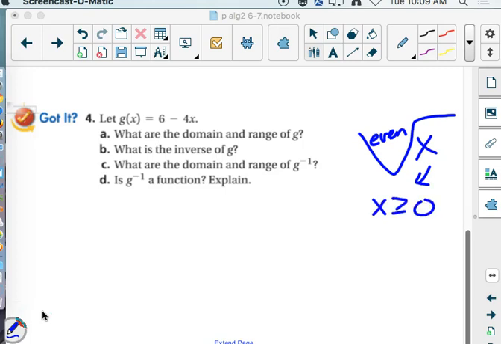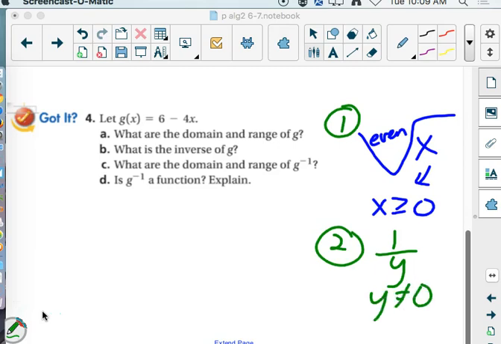So that's one time when we have to restrict the domain. The only other time we restrict the domain is when we divide.